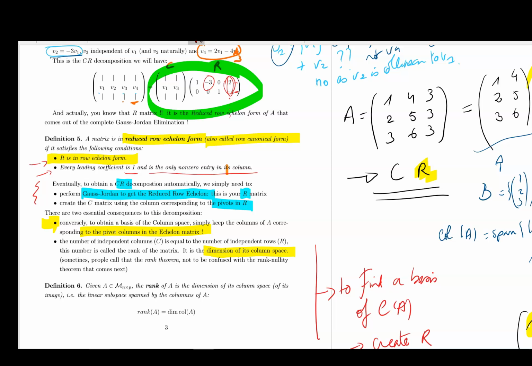So that means that you will have as many pivots as you have independent columns.